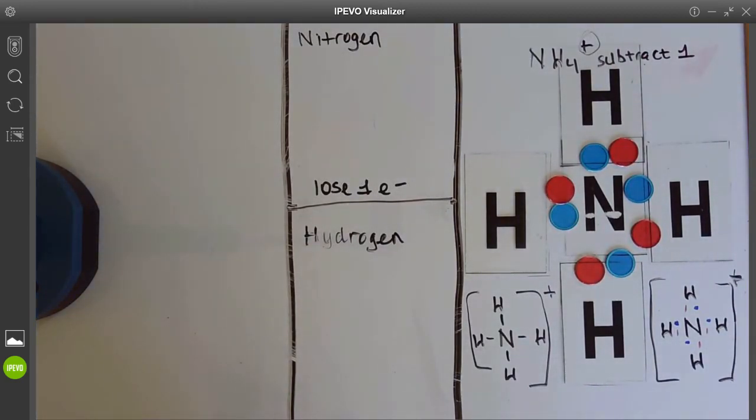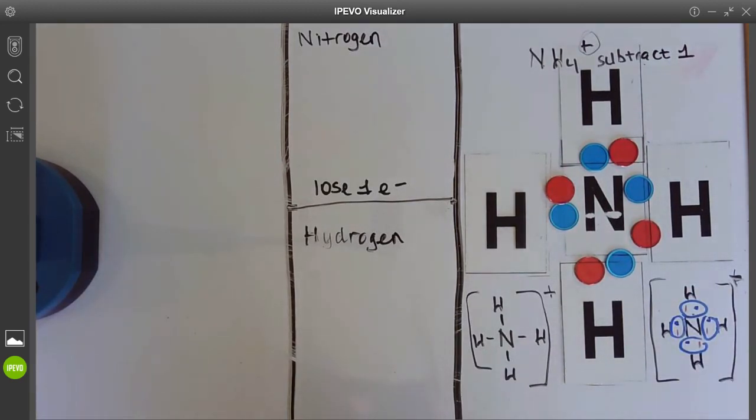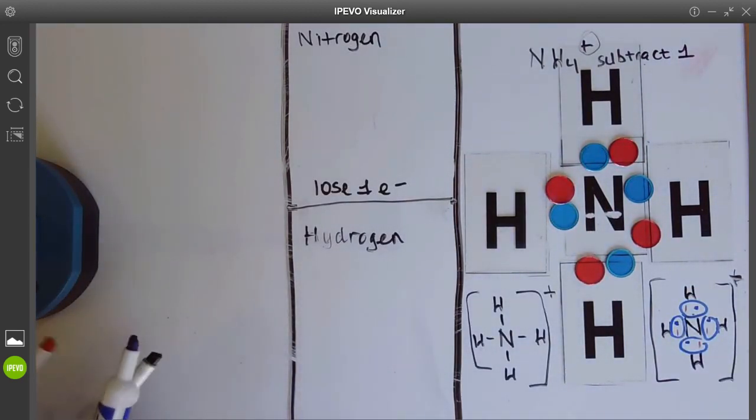Okay. And then if we look at this, we can see that each hydrogen has a pair of electrons. And then if we count around nitrogen, nitrogen has 2, 4, 6, 8 electrons surrounding it also. So we have obeyed the octet rule.